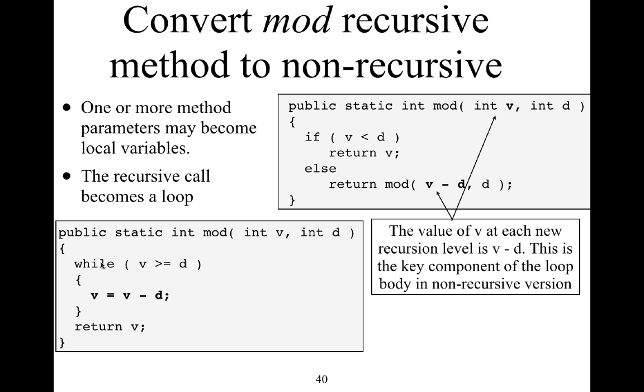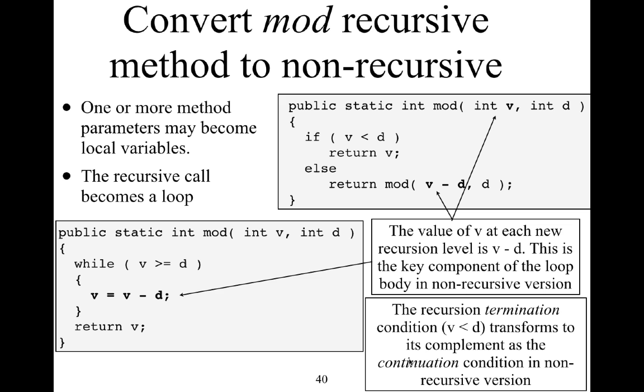So the if becomes a while with an inversion because this is the termination condition, this is a continuation condition, and then the parameter change, that is the reduction of the parameter here, just becomes the code that's executed in the loop. So recursion termination condition v less than d transforms to its complement in the continuation.